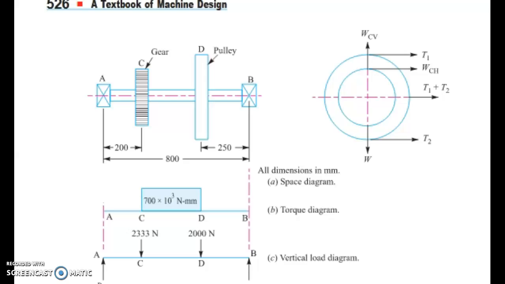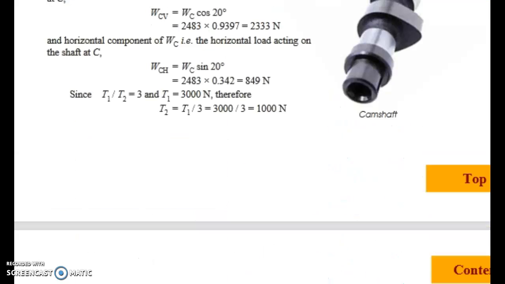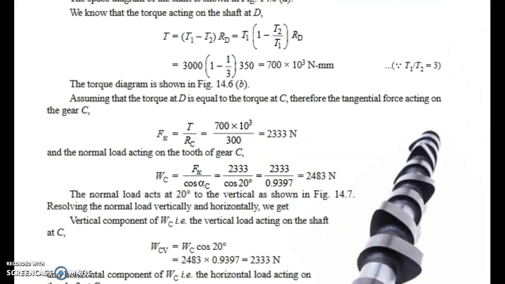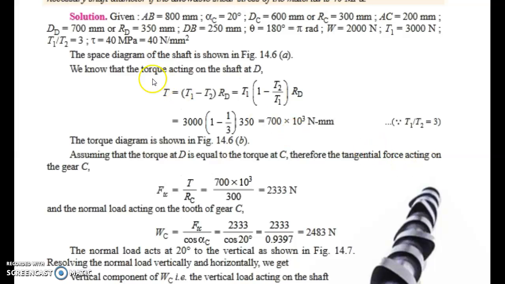Now we can start the calculations. First of all, we can find the torque. T is equal to (T1 minus T2) into R, but here T2 is not given, only T1 is given. But we can convert the value: T1 by T2 is equal to 3.